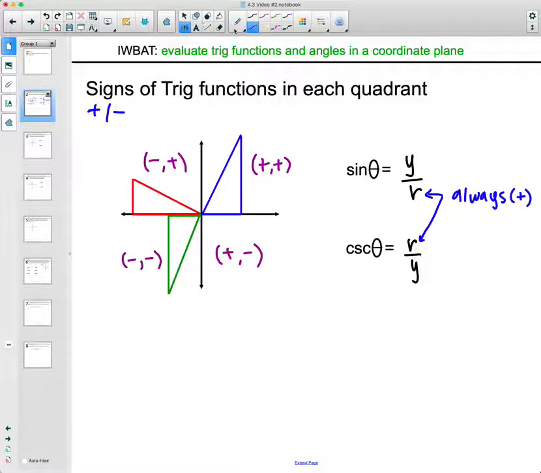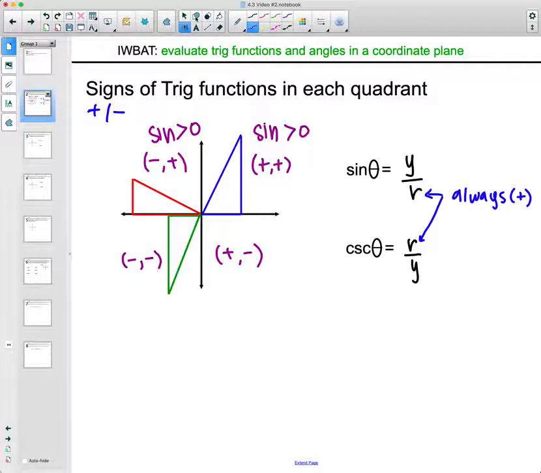So if we want to know when the sine function is positive, sine is positive in the first and positive in the second, because it has a positive y value. I'm going to write it like this because this is how you're going to see it: sine is greater than 0 in the first and the second.